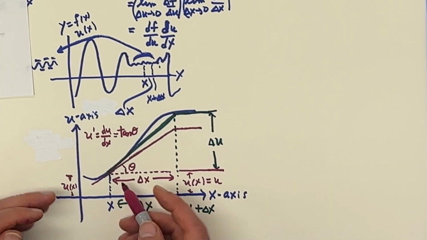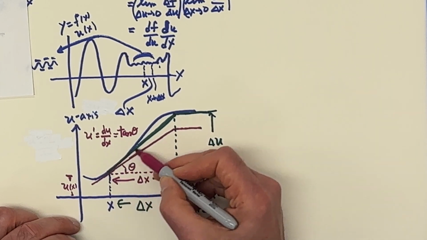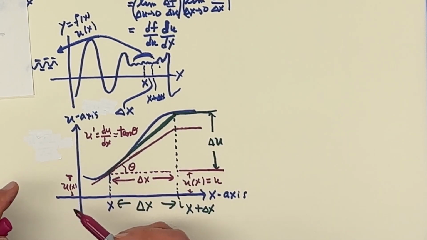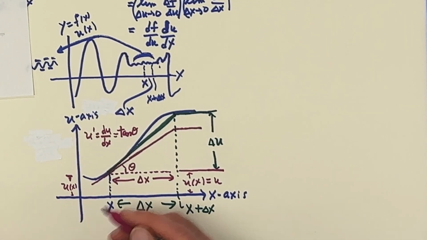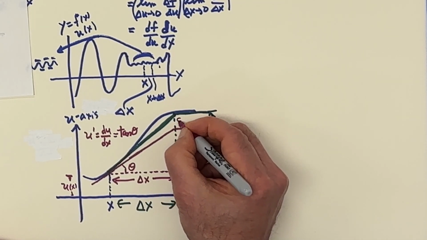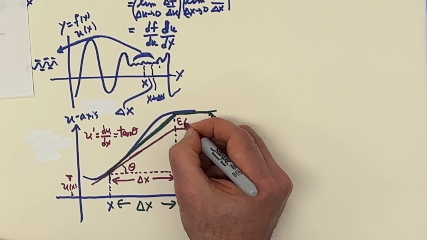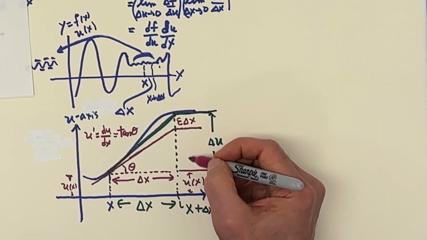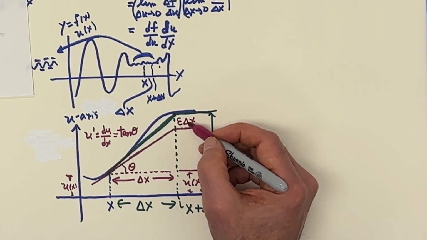But when it does go to 0, I get the correct slope. This slope here is a little bit in error. So for the error, what I'm going to do is say there's some epsilon error term here times delta x. So I have u of x, I have the epsilon delta x.